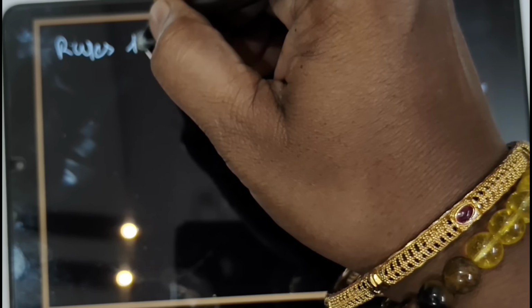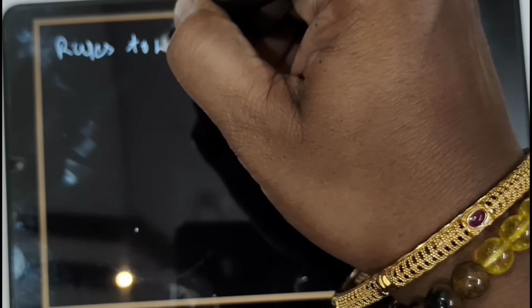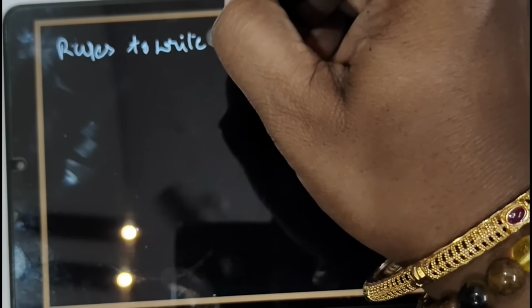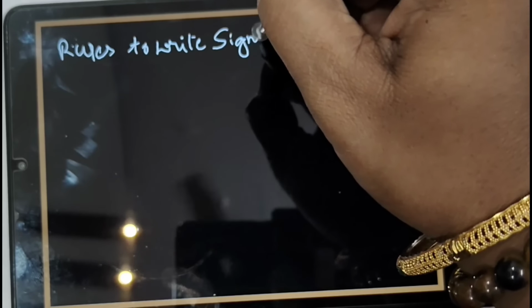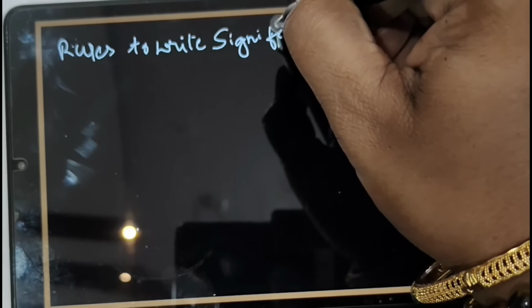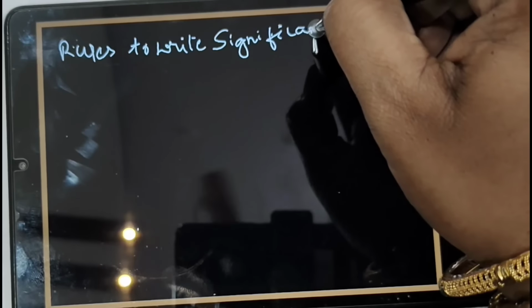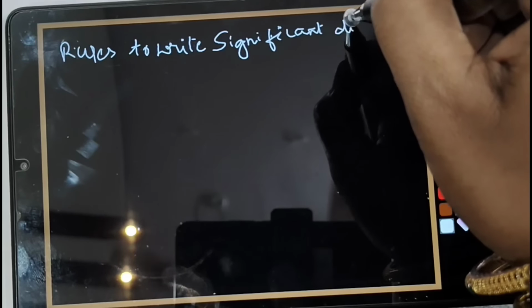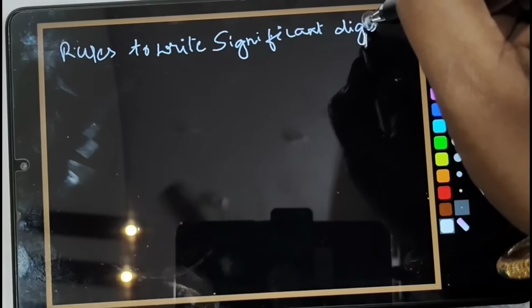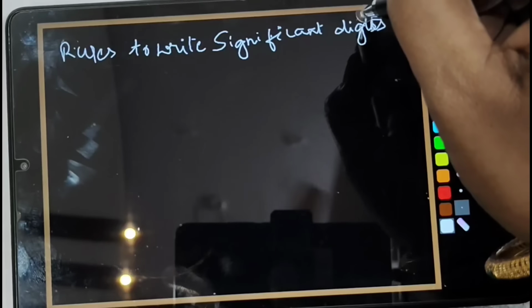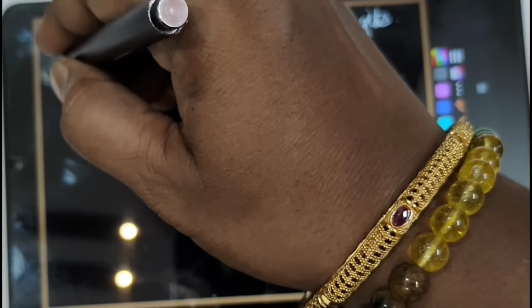Rules to write significant digits. Okay, so let us see the first one.